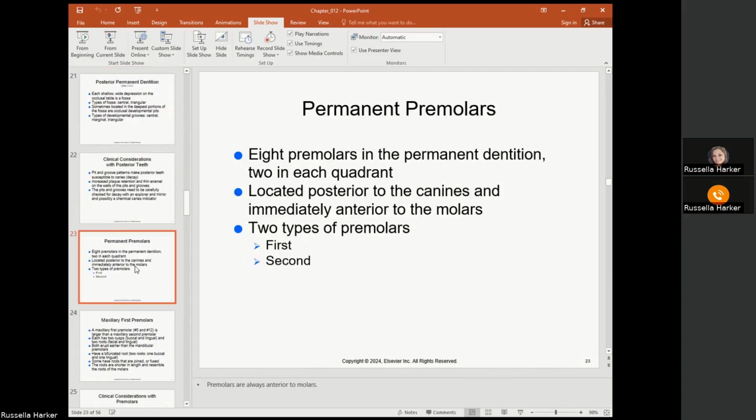For permanent premolars, we have 8 premolars in the permanent dentition, 2 in each quadrant. They're located posterior to the canines and immediately anterior to the molars. There are two types of premolars: a first premolar and a second premolar.